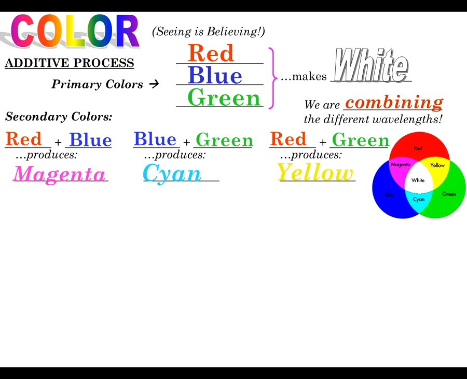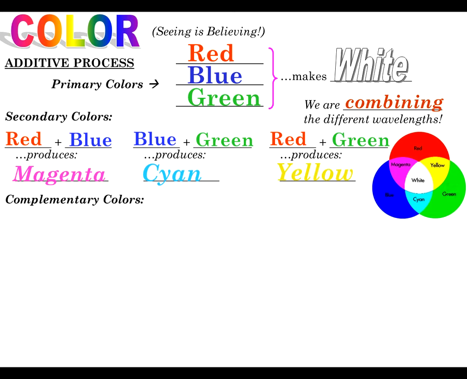You've probably all seen this color wheel or something like this. So here we have red, blue, and green, primary colors. And so red and blue are making magenta, blue and green making cyan, and red and green make yellow.